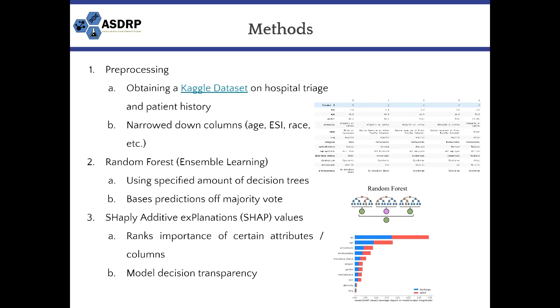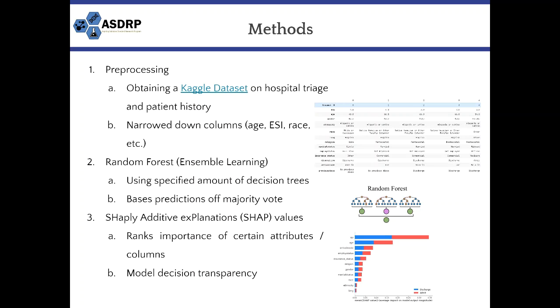If I remember correctly, there are about 972 features associated with each patient. But we only wanted to focus on a few, such as ESI, age, gender, etc. So our first step was to actually narrow down our data set to these select columns. And the result of that was the data set, which you see on the right.